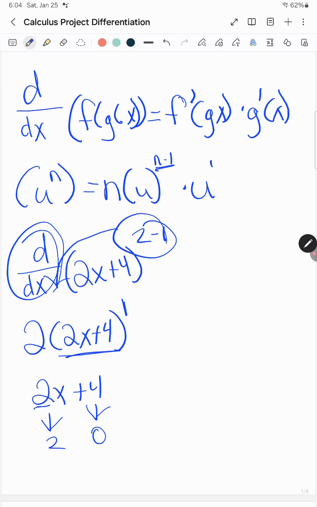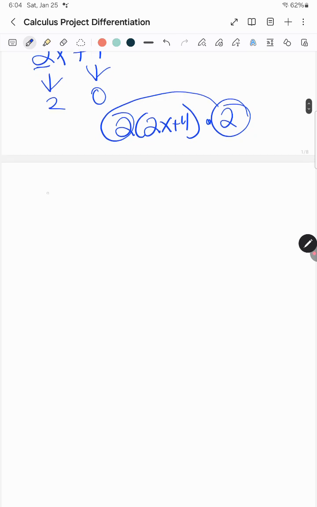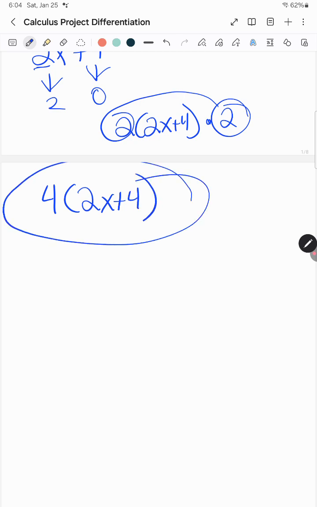So what we're going to be left with here is 2 times 2x plus 4 times 2. Now we can take this 2 and this 2 and multiply them by each other, which will leave us with 4 times 2x plus 4. And that is going to be our answer using the power rule.